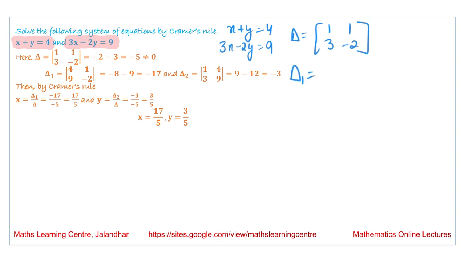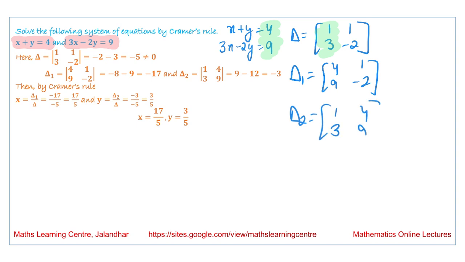The value of delta 1 will be 4, 9, 1, minus 2. How are we writing this? The first column is replaced with 4, 9. Next, delta 2 is 1, 3, 4, 9. In this case the column 1, 3 is replaced with 4, 9.